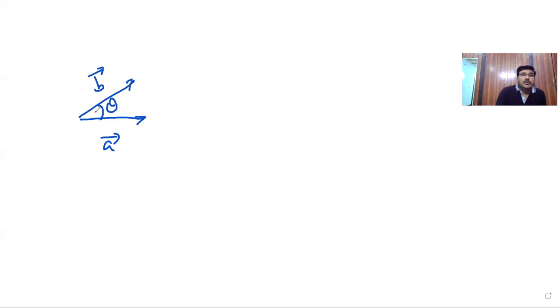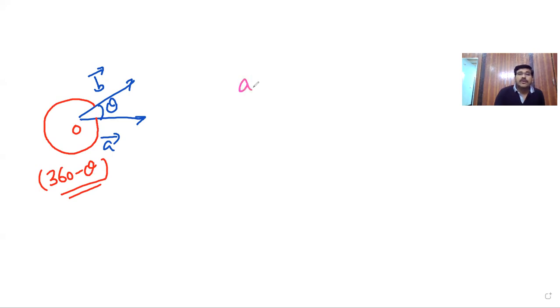Now, this is the origin, and the remaining angle is 360 degrees minus theta. In the above formula, A bar cross B bar equals AB sine theta into N cap. N cap is the direction, a unit vector which shows the direction.